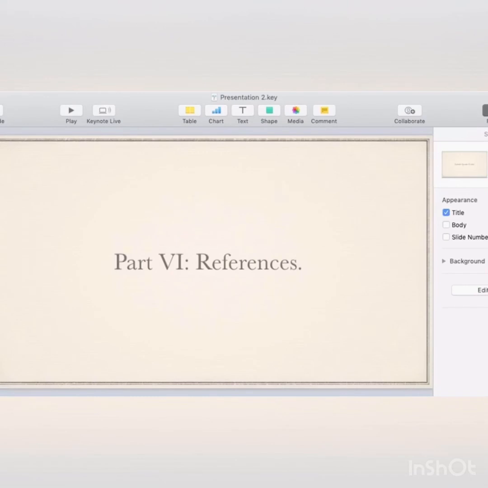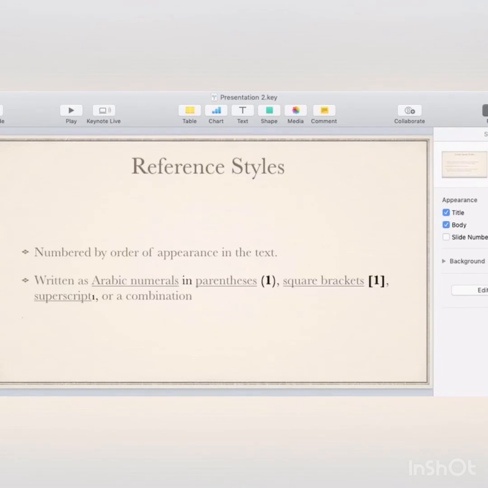The final part of the research manuscripts is the references. In any reference section, the authors tend to follow one of two styles when it comes to referring to different works, and these are numbered by order of appearance in the text.